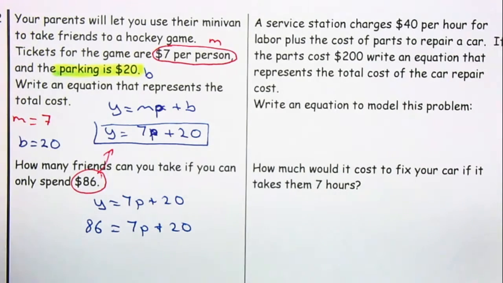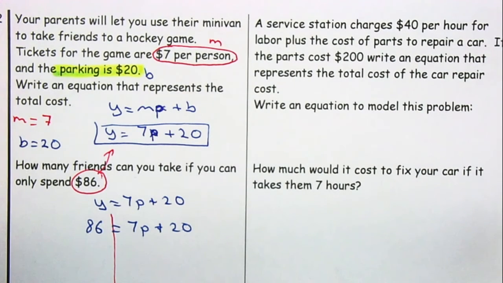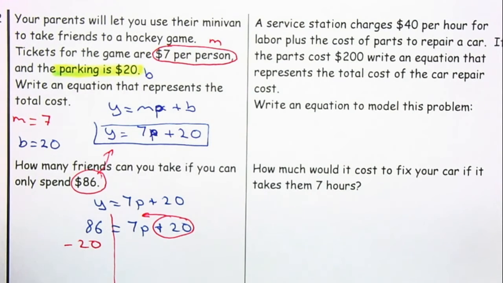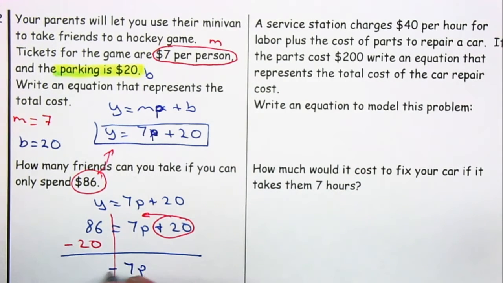And now I can solve the equation. I'm going to move my 20 to the left. It's going to become a negative 20. So I have 7P is equal to 66. Then I'm going to divide by 7. Divide by 7, that cancels.